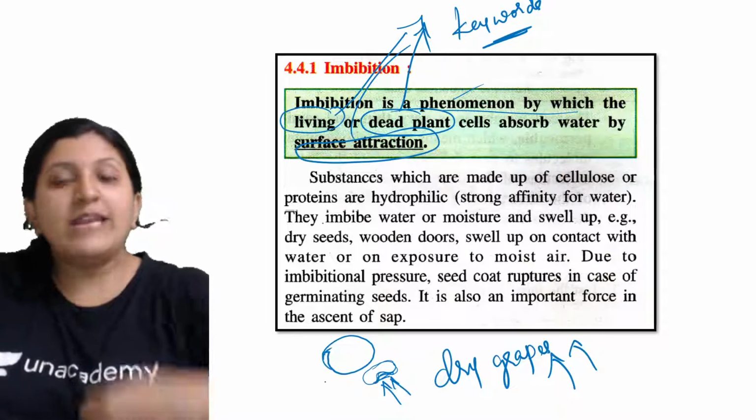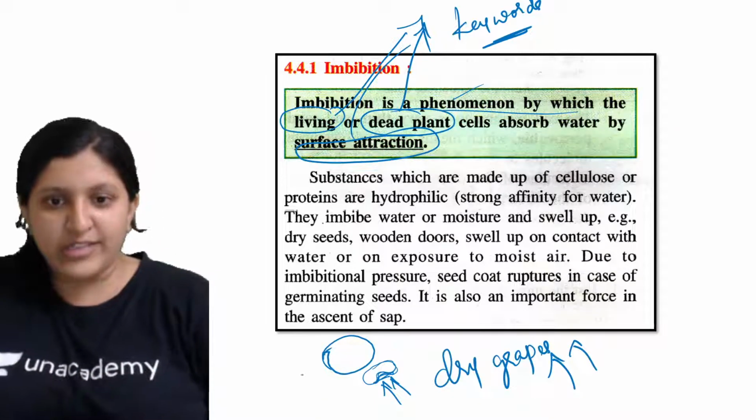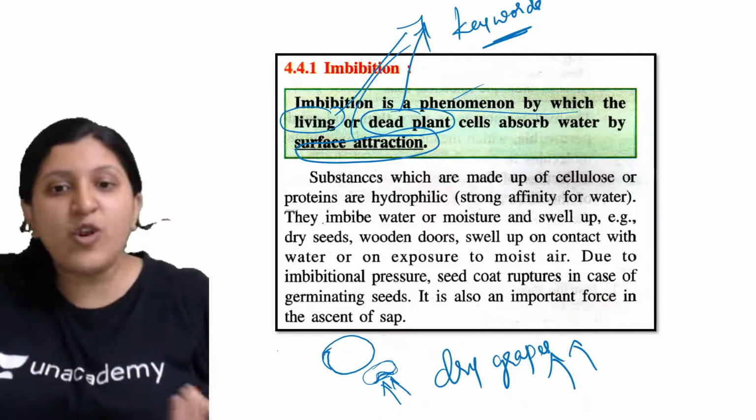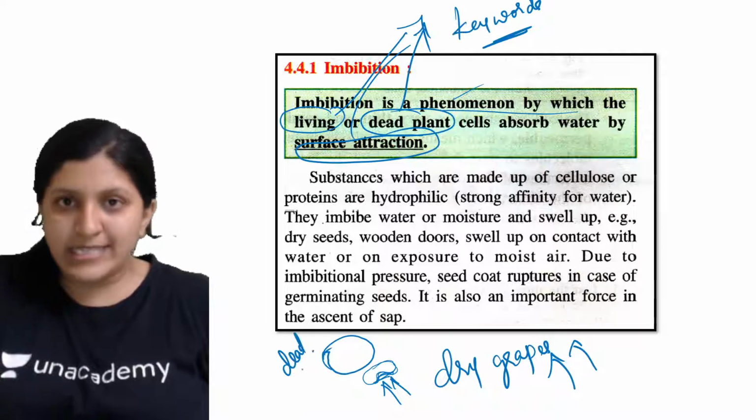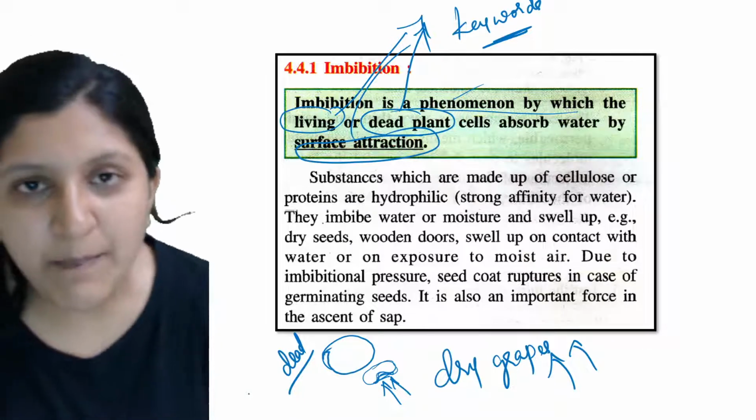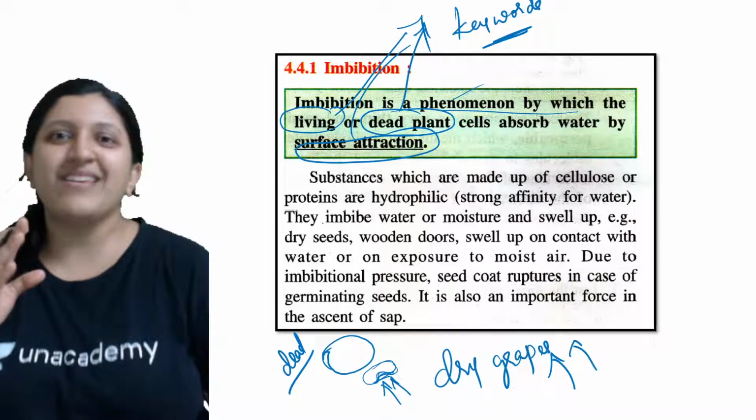That is also occurring because of surface attraction itself. There again, living cells are not there, it is a dead cell itself. All the examples that I am giving are of dead cells only.